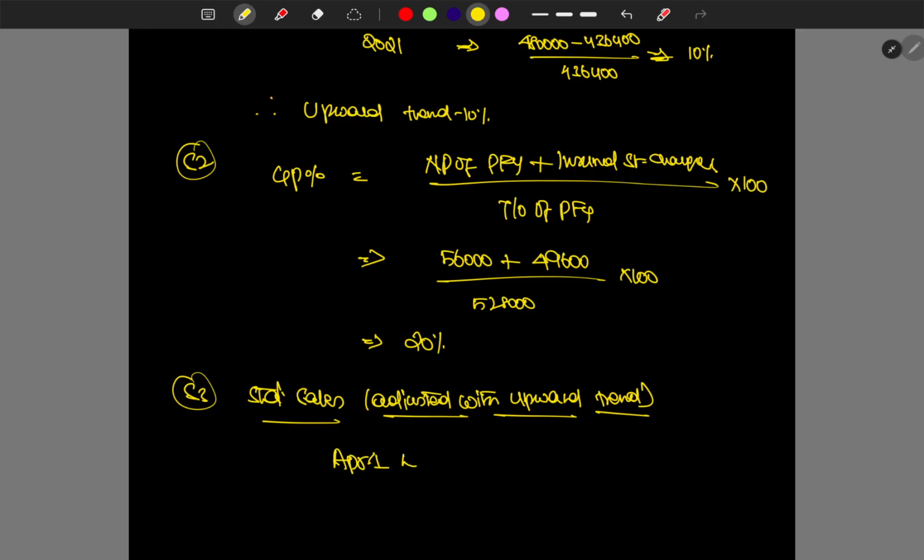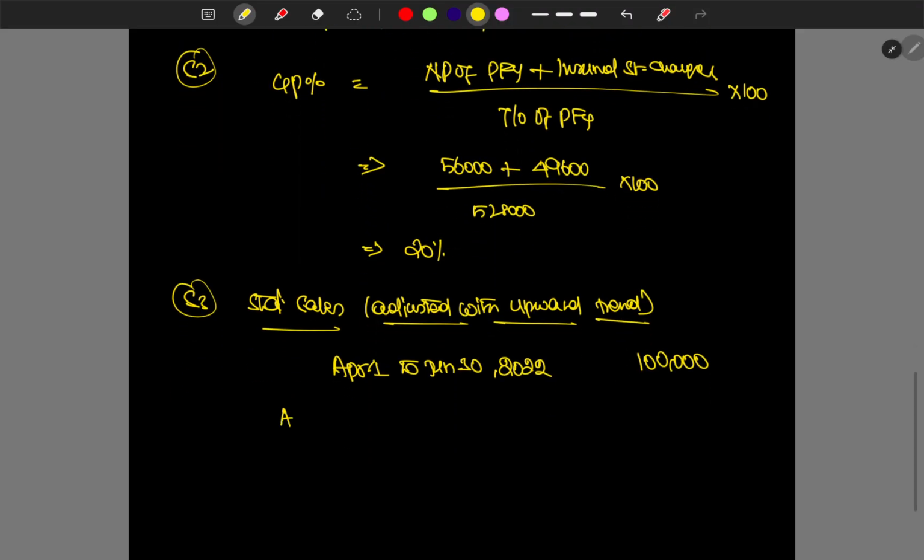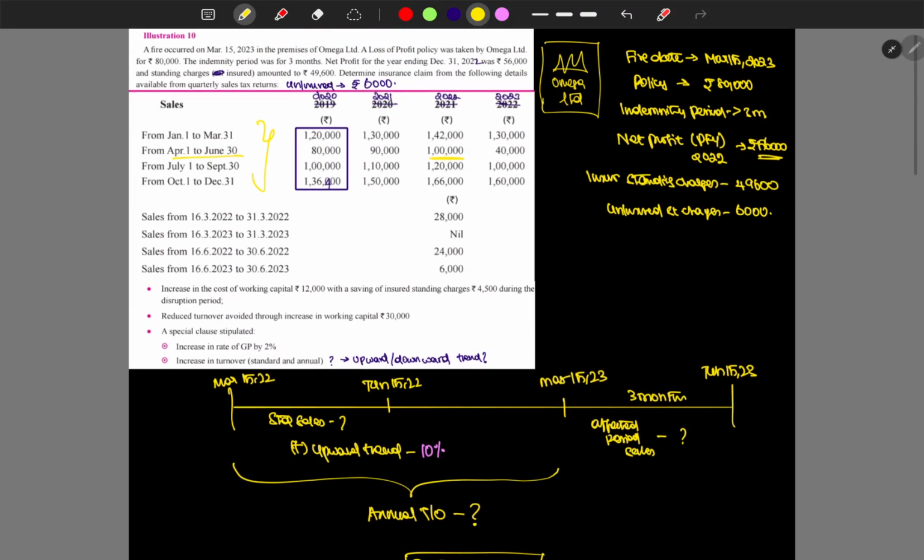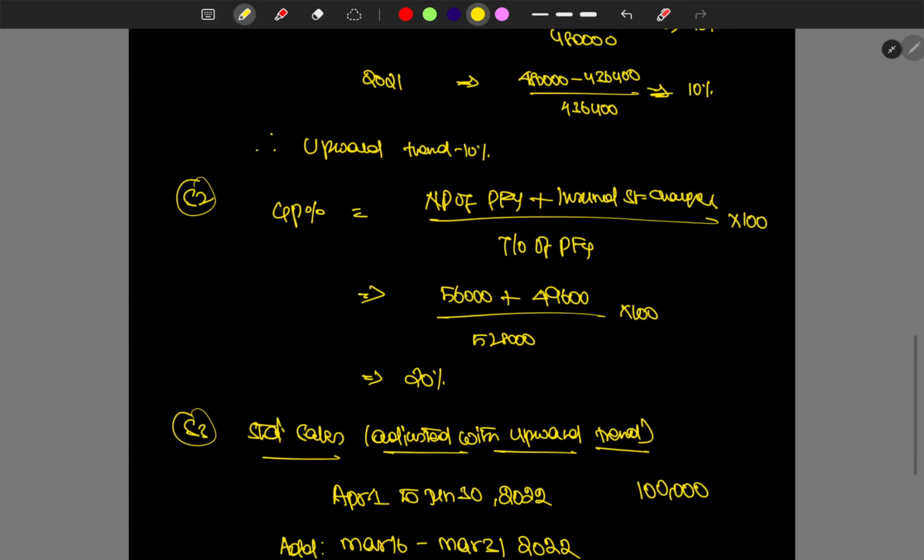Add, what we need to add? March 16 to March 31st we need to add, right? That's the relevant period to calculate the standard sales rate. In the question they have already given 28,000.